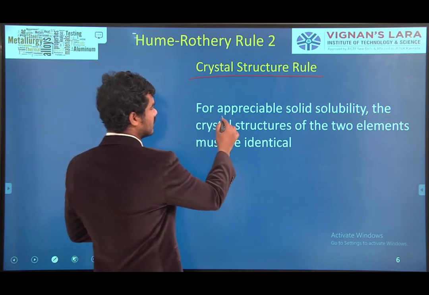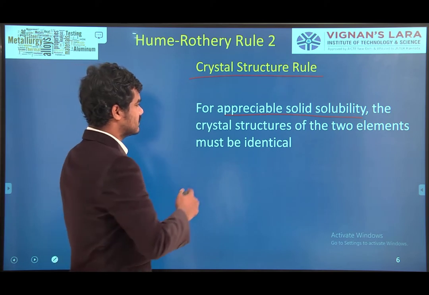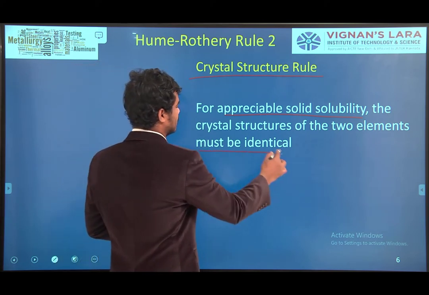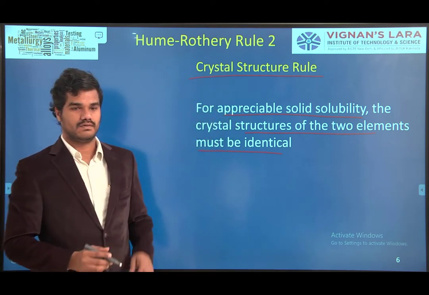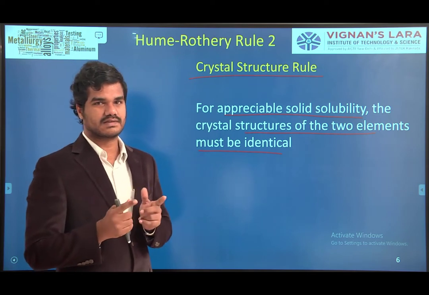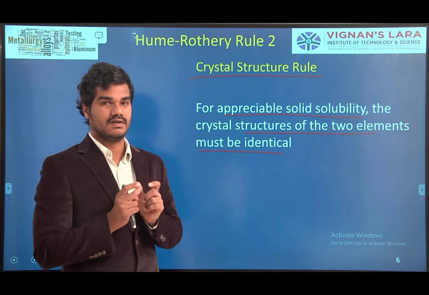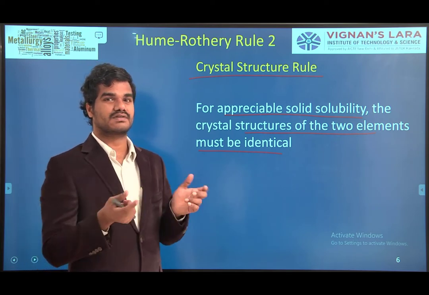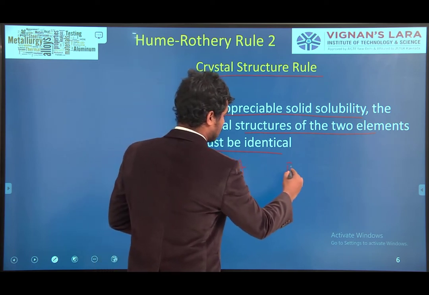For appreciable solid solubility, the crystal structures of the two elements must be identical. When you are combining A and B, solvent and solute, A has one crystal structure, B has a different crystal structure.